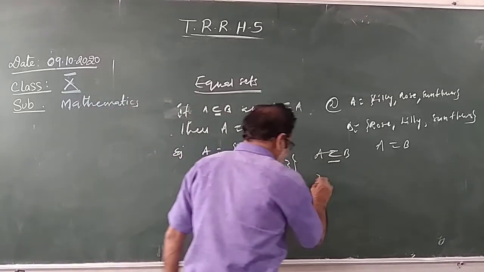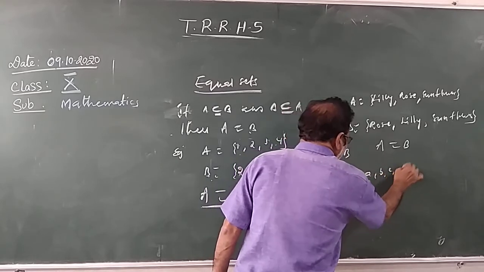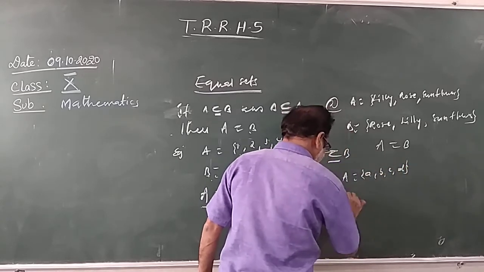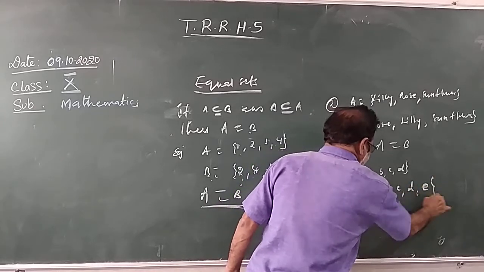One more example. Are they equal? A equals {a, b, c, d}, B equals {a, b, c, d, e}.